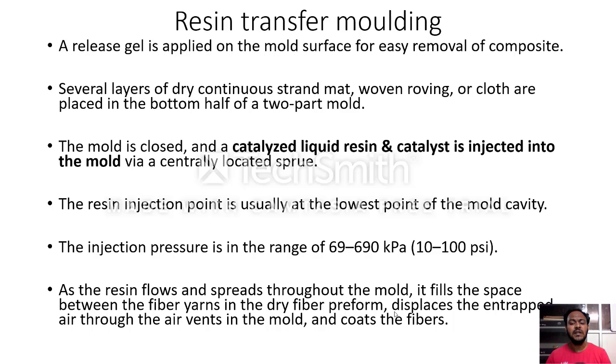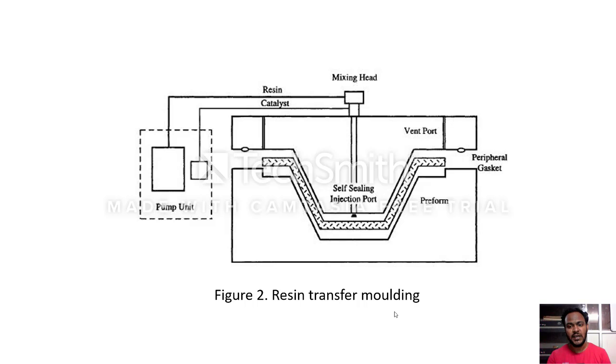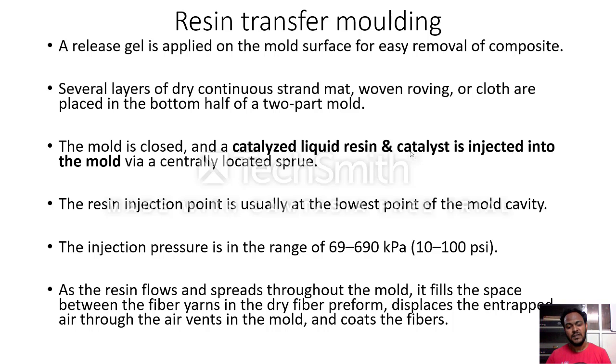Once it impregnates the preform, there is also a vacuum chamber which will suck out the entrapped air, which I have already told you. There are some air vents which are shown here. This vent port will allow the entrapped air in the cavity to go out, so that two things take place. One is the resin injection and another is the displacement of the entrapped air through the air vents in the mold, so that the fibers get uniformly coated.